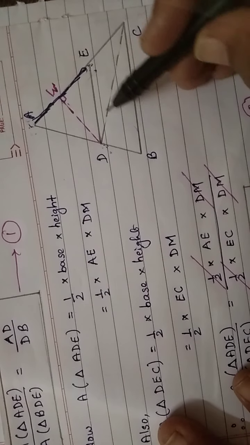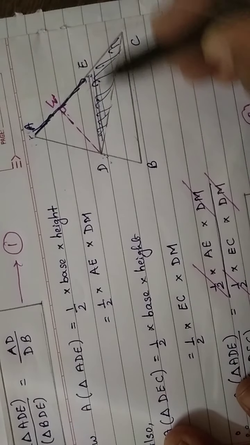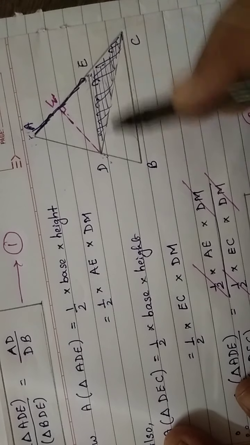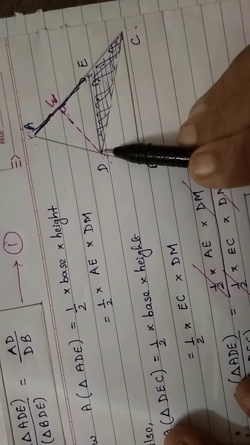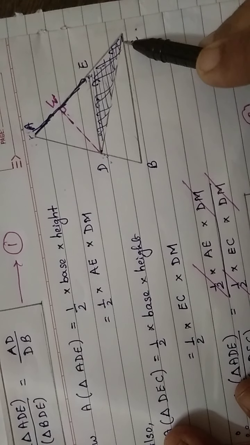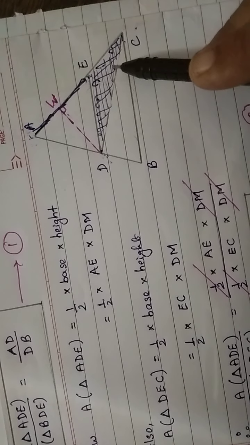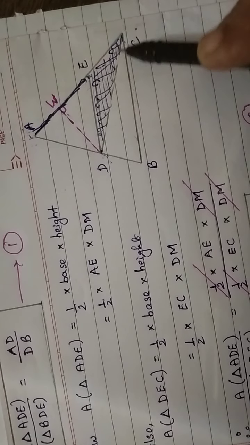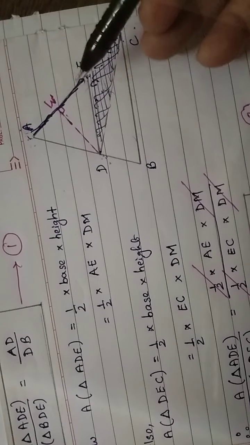Now you go to the other part of the triangle. This is the triangle I am talking about, D, E and C. I want to find the area of DEC. This is an obtuse angled triangle, and in an obtuse angled triangle the height is outside the triangle, right?